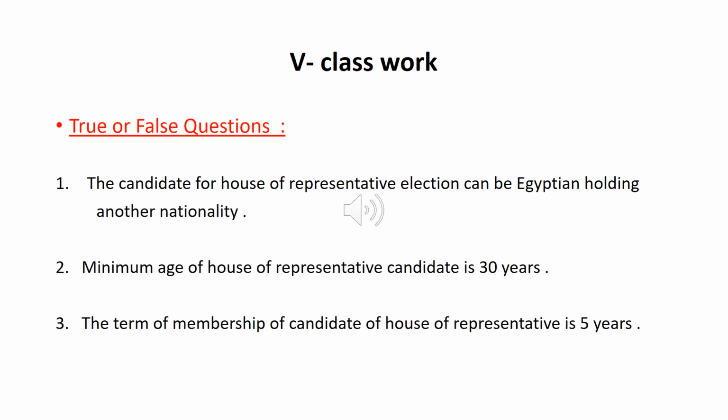Now we will move to classwork, to what you just heard in the tutorial. First question. The candidate for House of Representative election can be Egyptian holding another nationality.